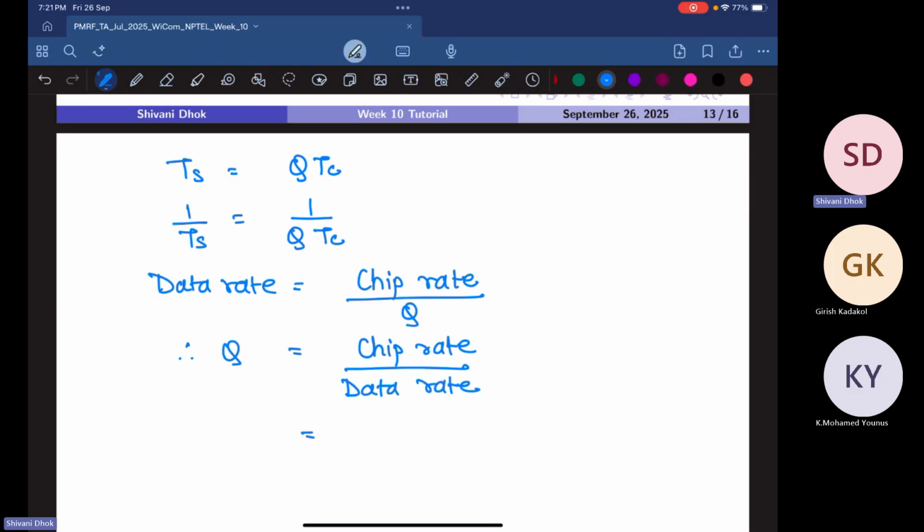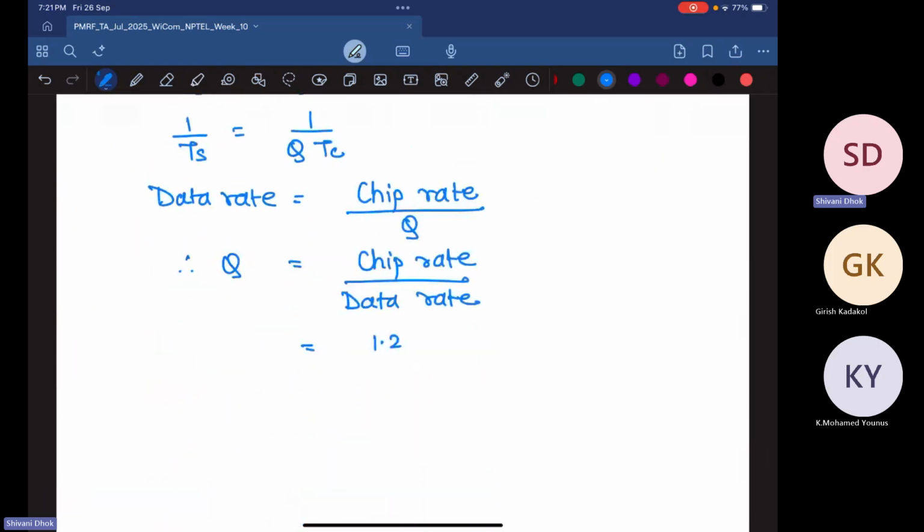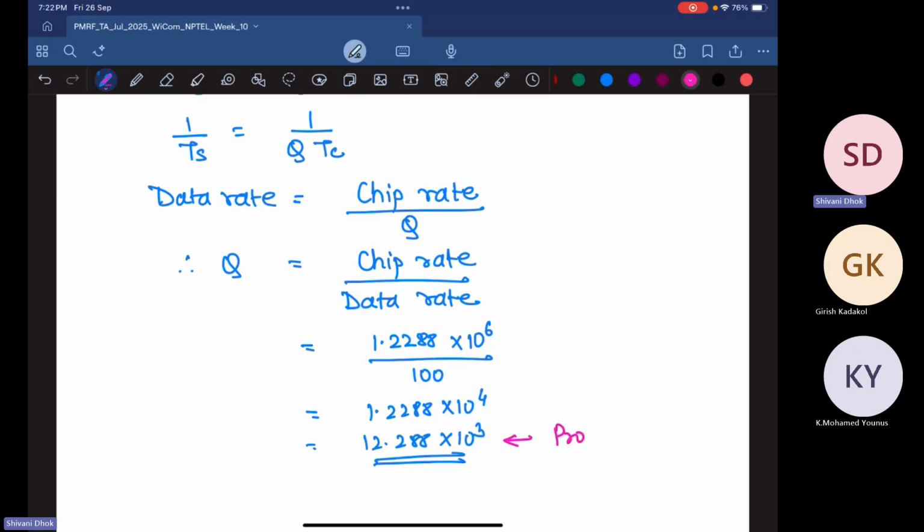So this chip rate is given to us as 1.2288 into 10 raised to 6 divided by the data rate, which is given as 100 bits per second. So this becomes 1.2288 into 10 raised to 4, or rather 12.288 into 10 raised to 3. So this is basically your processing gain. Is it clear? Any questions?